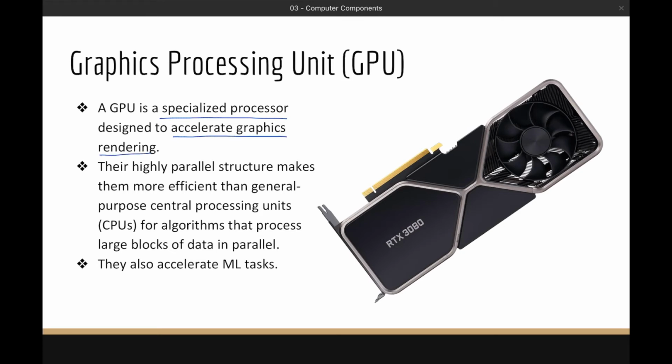GPUs perform instructions in parallel, which makes them more efficient than general purpose central processing units, or in other words CPUs, for any programs that actually utilize large blocks of data in parallel. So any task that executes in parallel instead of sequentially is usually carried out much faster by using a GPU instead of a CPU. Furthermore, GPUs are used to accelerate machine learning related tasks.